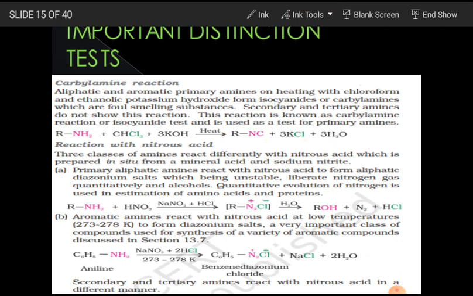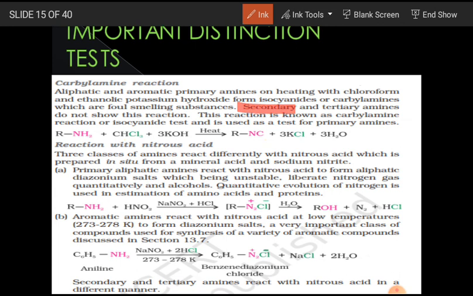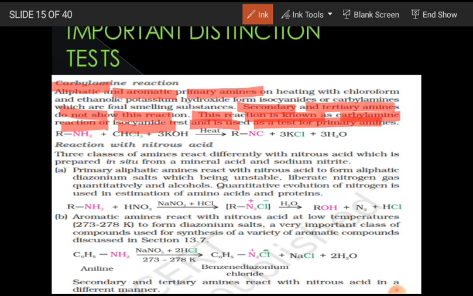Here you can see one important point, that is secondary and tertiary amines do not show this reaction. This reaction is known as the carbylamine reaction or isocyanide test and is used as a test for primary amines only. So aliphatic and aromatic primary amines will give the positive result for this reaction.